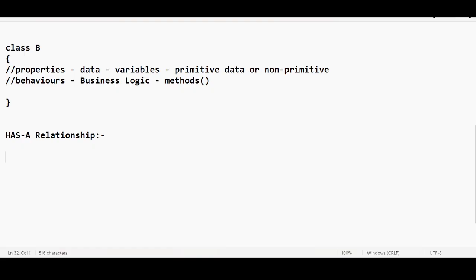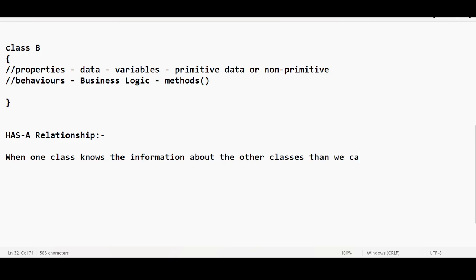I can say that when one class knows the information about other classes, then we can call it association. Don't worry about this word.